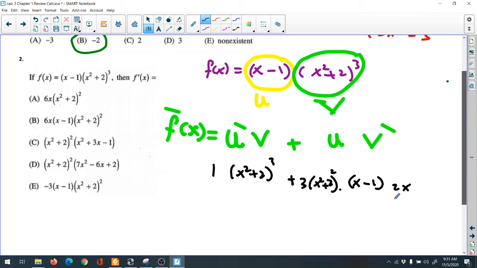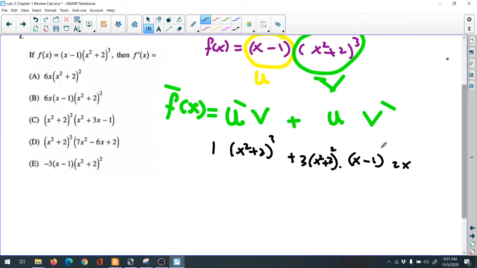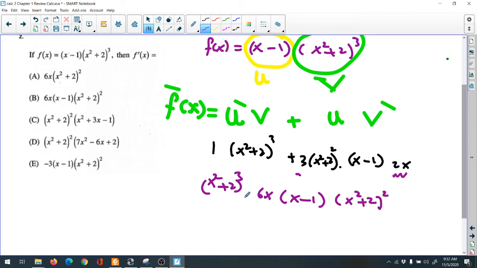Let's simplify this term here. So 1 times x squared plus 2 to the third. And here multiply 2x times 3 is 6x. And we still have x minus 1. Then times x squared plus 2 to the second.